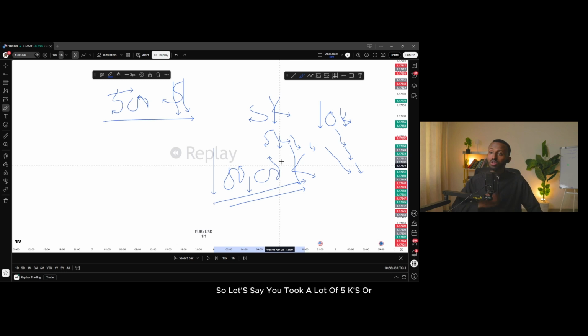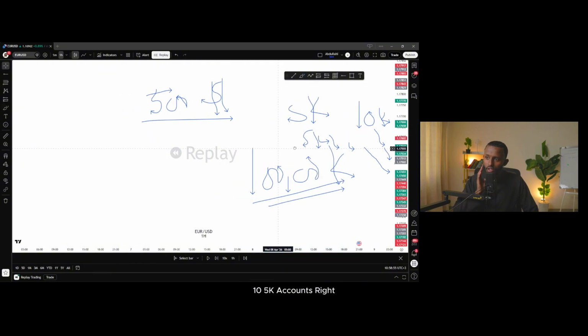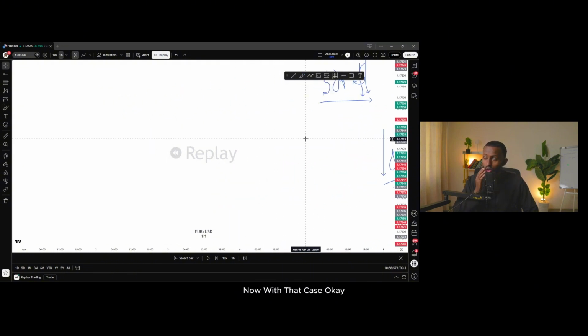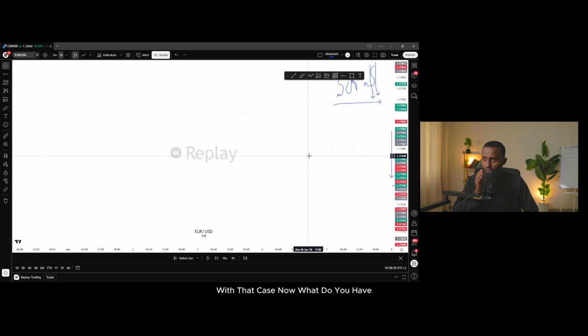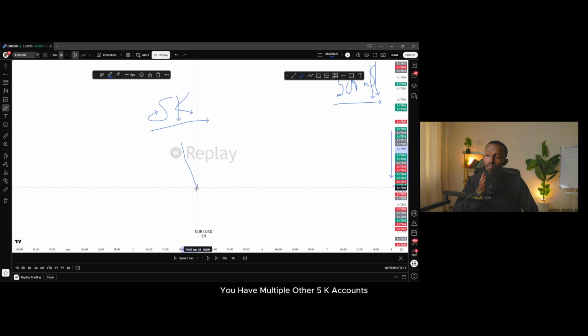So let's say you buy a lot of 5K or 10K funded accounts. In that case, even if you lose one 5K account, you have multiple other 5K accounts.